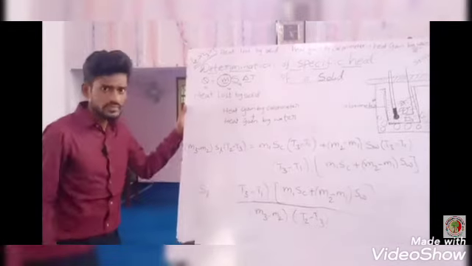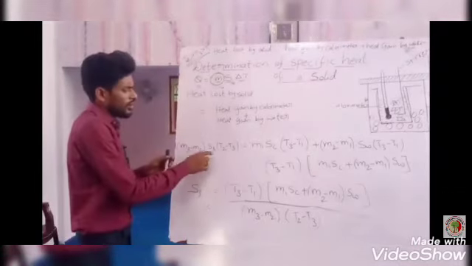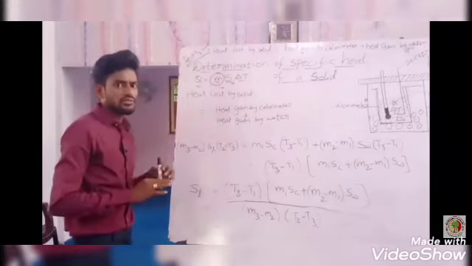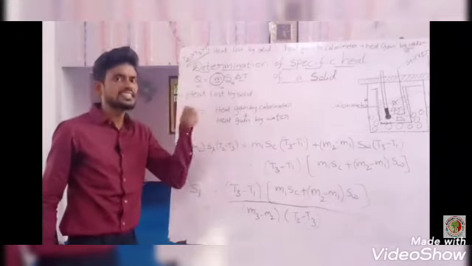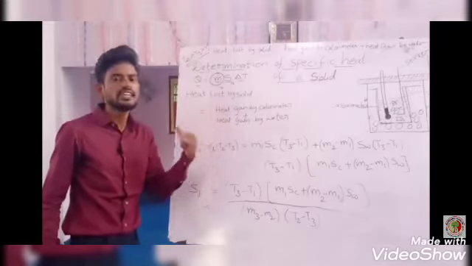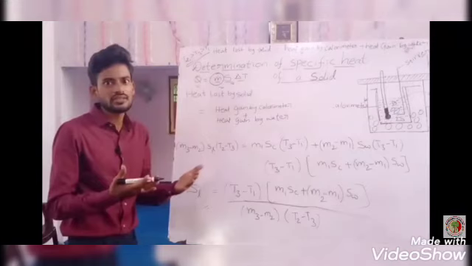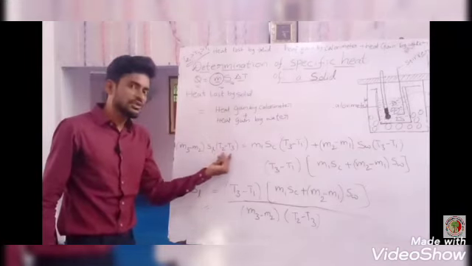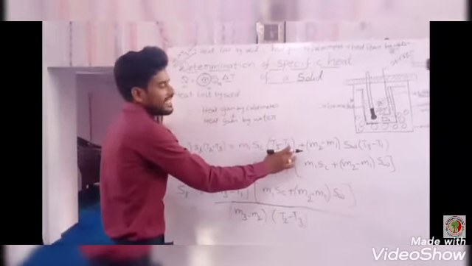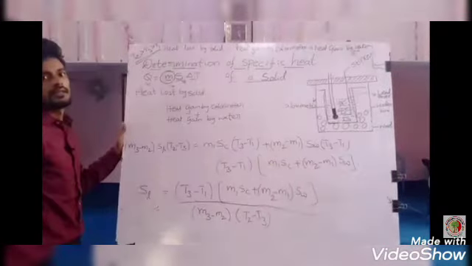Simple. In order to remember this, first, the masses and specific heats are common. First you have to subtract the mixture temperature T3 from the highest temperature T2. There you get the temperature change, that is T2 minus T3. Next, T3 minus T1 is common.